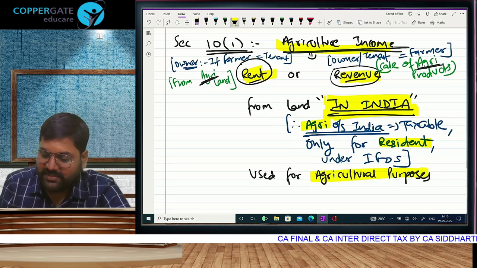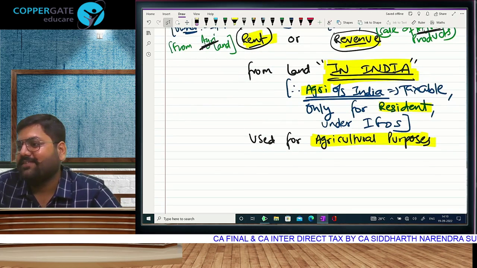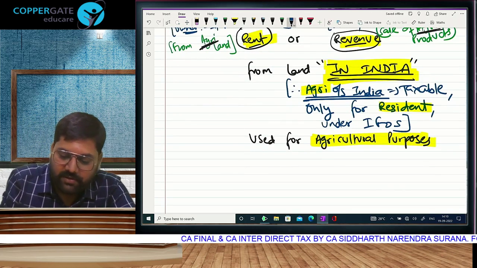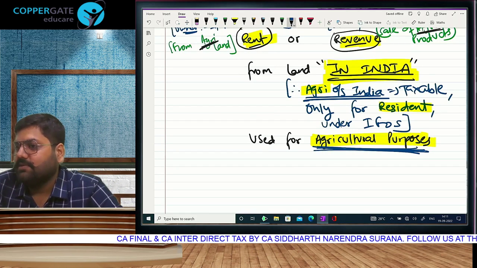for agricultural purposes. This is how we say that this is a section of agriculture. The land is being used for agricultural purposes. This is the statement.